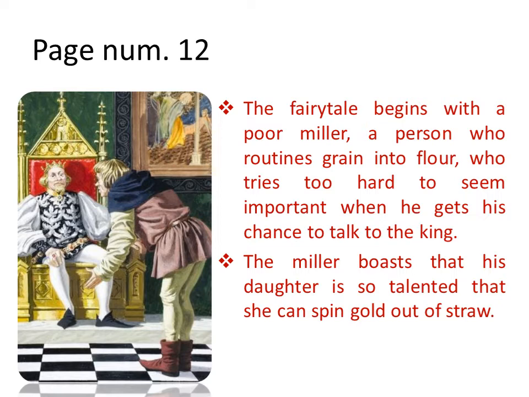Now again he boasted about his daughter by telling that she can spin straw into gold. Actually his daughter cannot spin straw into gold, but he boasted. He told something that his daughter cannot do.